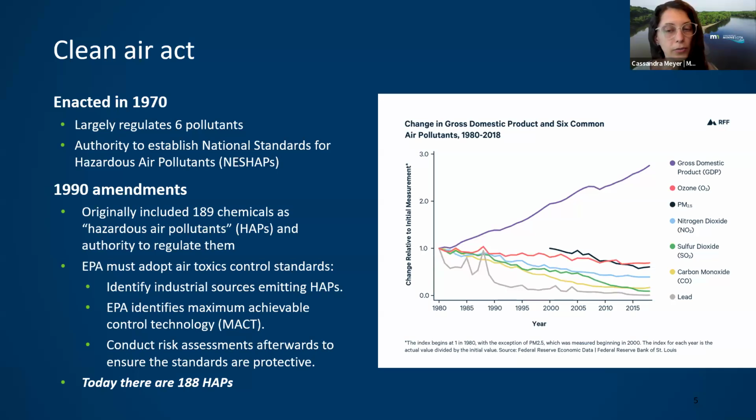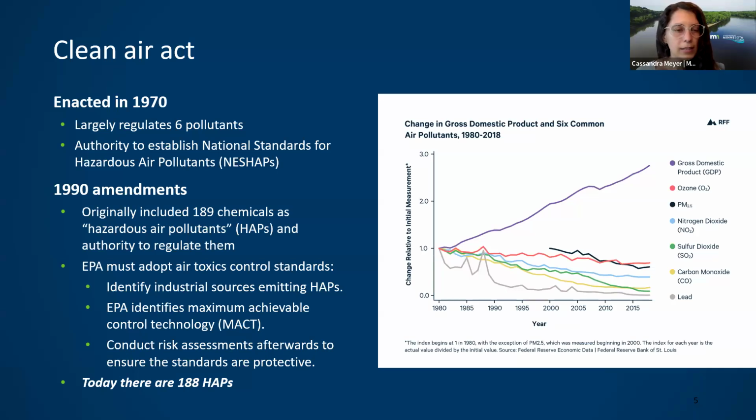EPA was also directed within these amendments to adopt air toxics control standards, where they had to identify industrial sources emitting HAPs. They had to identify maximum achievable control technologies, or MACTs, and they had to conduct risk assessments afterwards to ensure that the standards were protective. And today there have been some changes to the list, and currently there are 188 HAPs.